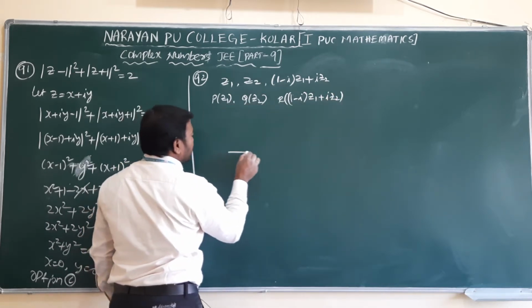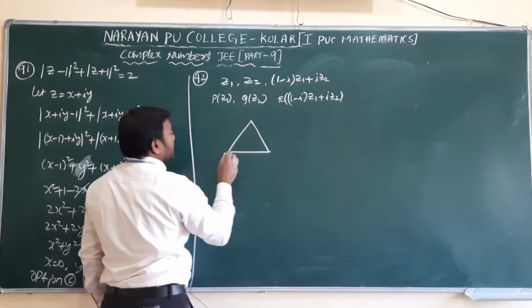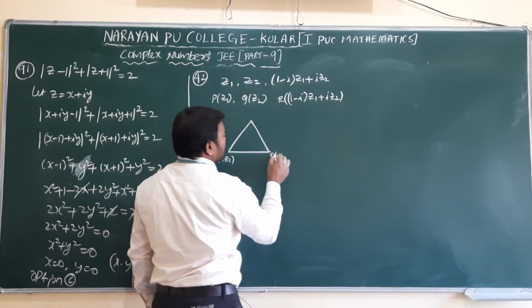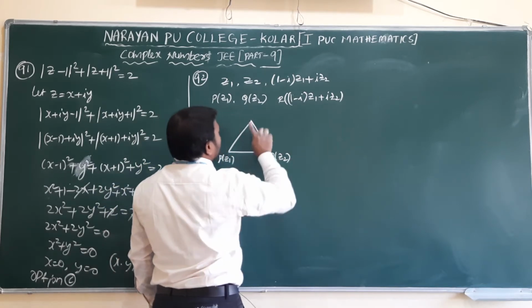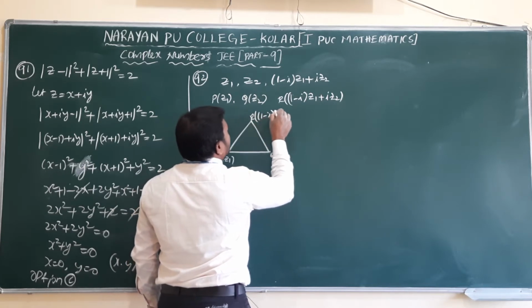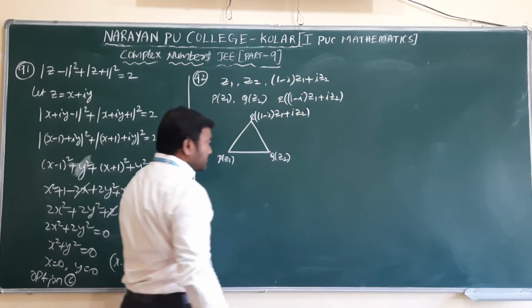Here is a triangle like this: the point P is z1, point Q is z2, the point R is 1 minus i z1 plus i z2.